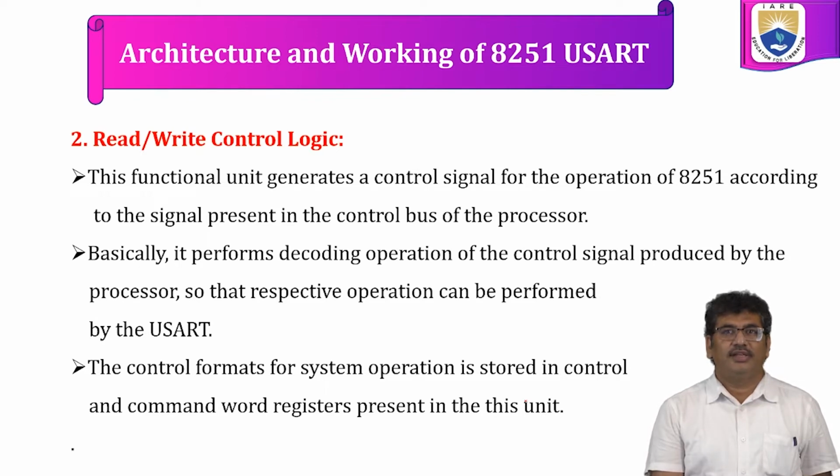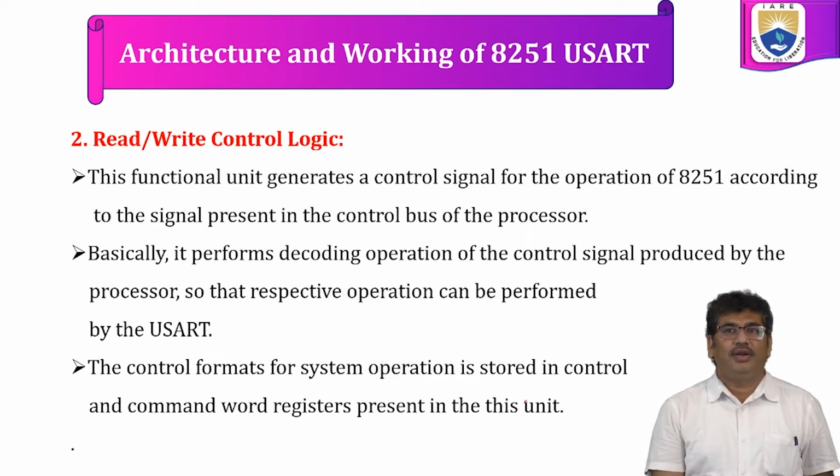The second block is the read-write control logic. This functional unit generates control signals for the operation of the 8251 according to the signals present in the control bus of the processor.